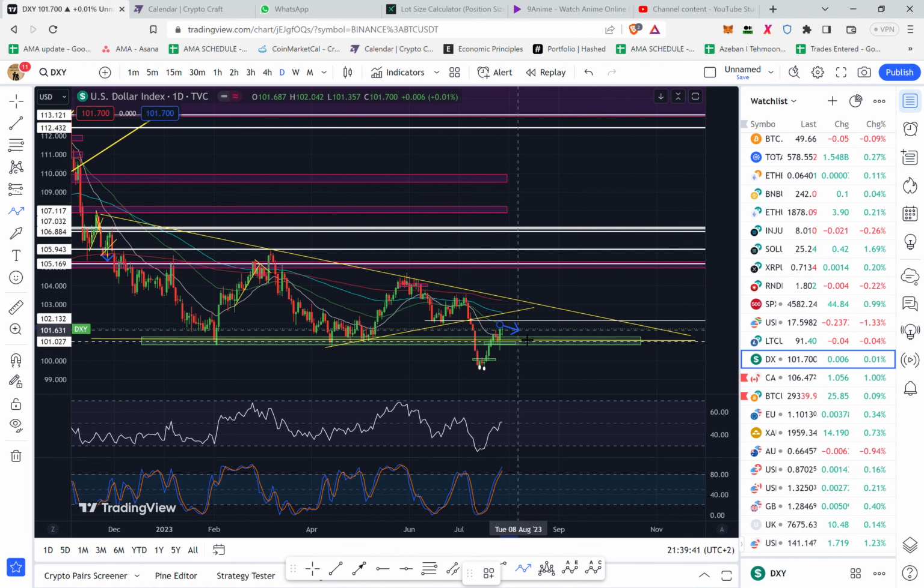So I'm expecting some sort of pullback on opening, to have an open weekly wick on the candle, and then a continuation higher. We test this high right here, maybe get some sort of pullback, and then continue higher to the upper range. So that's something I'll be watching for on the immediate term.